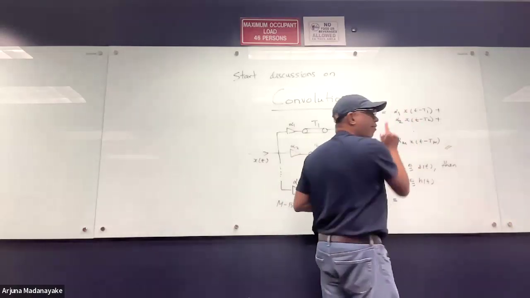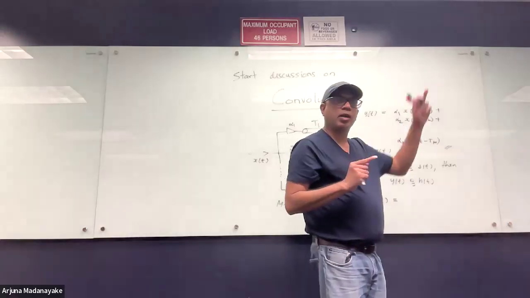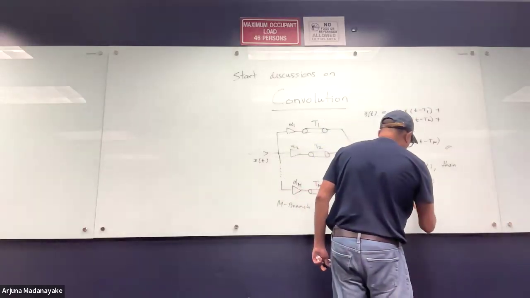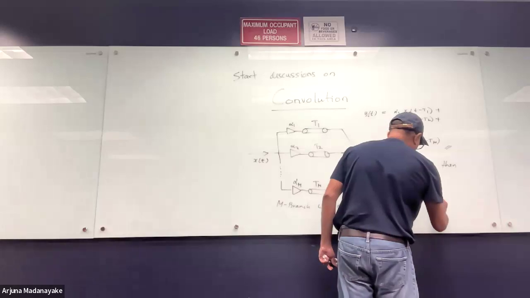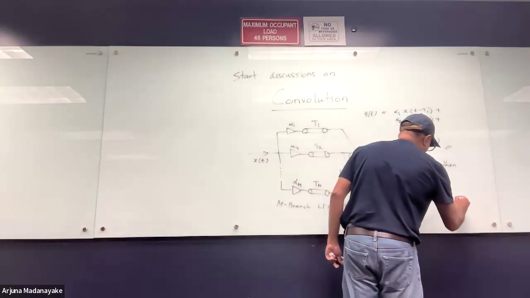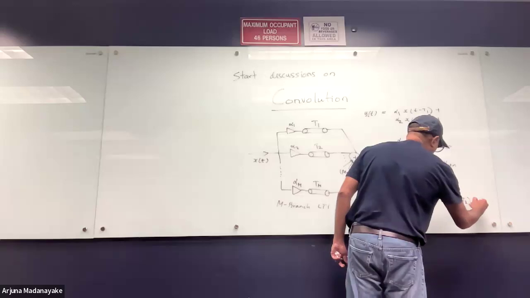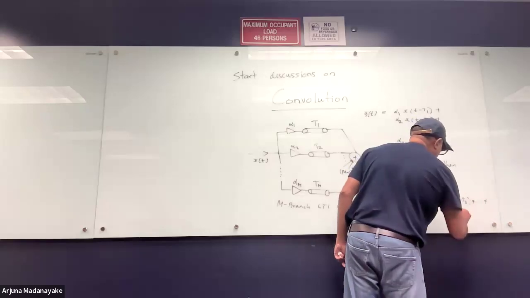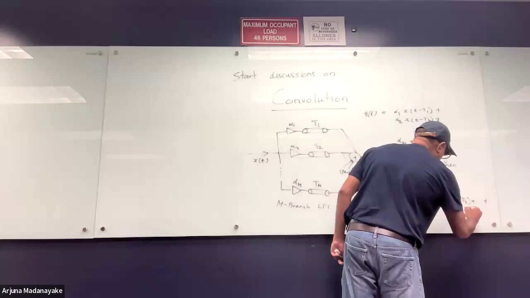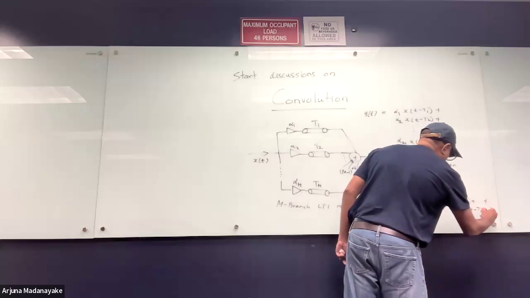Everywhere I have x, I now have delta because I replaced x with delta. So I have alpha 1 delta(t minus t1) plus alpha 2 delta(t minus t2), dot dot dot, all the way to the last one, alpha M delta(t minus tM).